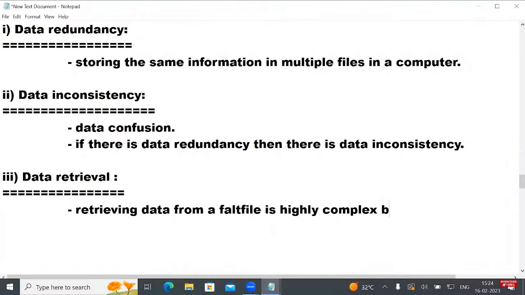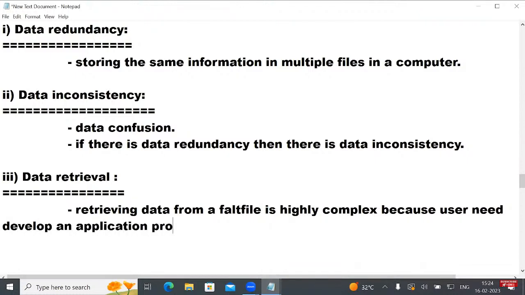Highly complex because the user needs to develop an application program, by using procedural, otherwise high level languages.